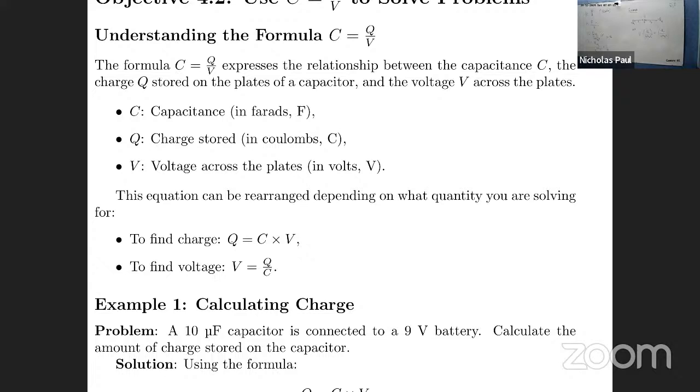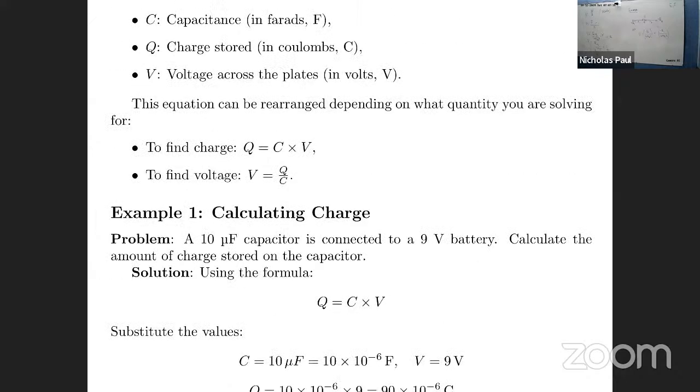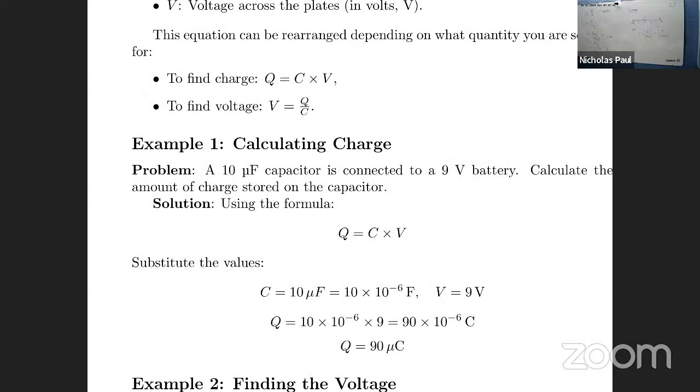Work it out, tell me what's the charge being stored. How much did you get? 9 by 10 to the minus 5, which is how much in micro? 90 micro, right?